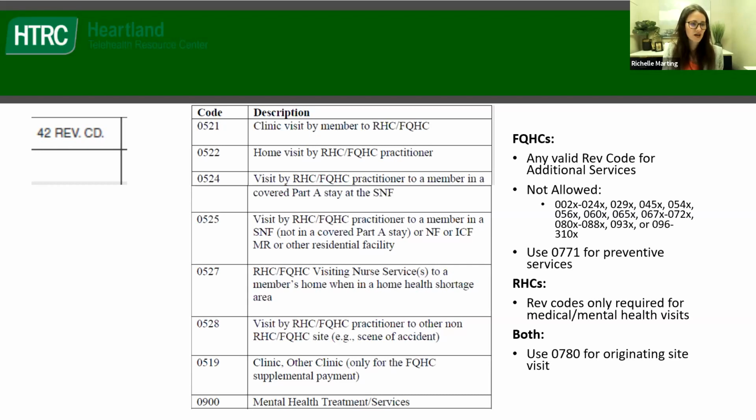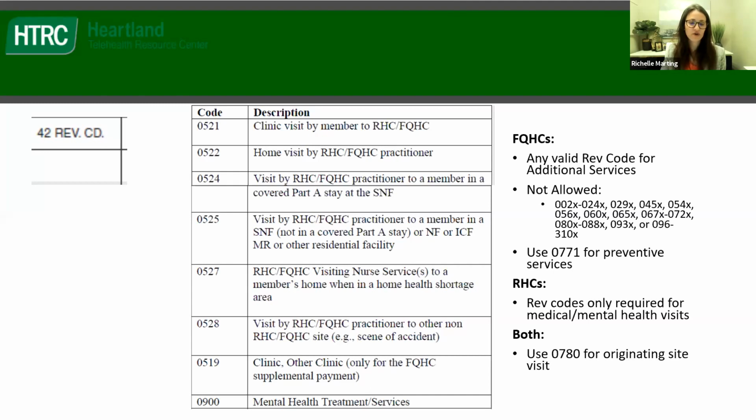So the most common one is probably going to be a 0521, that's a clinic visit by a member to the RHC or to the FQHC. But there may be other types of revenue codes. That's the one that's often used for your all-inclusive rate that you're going to be billing for payers.